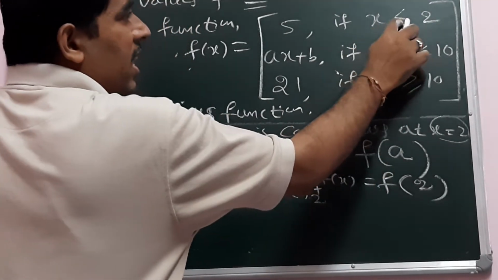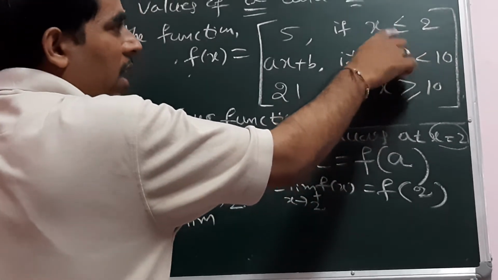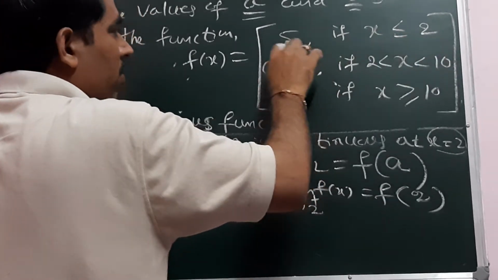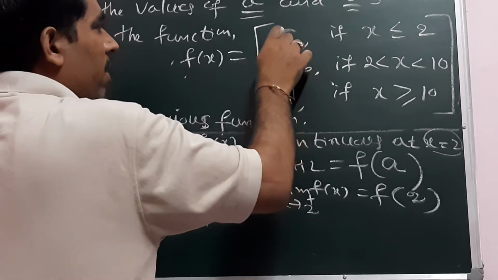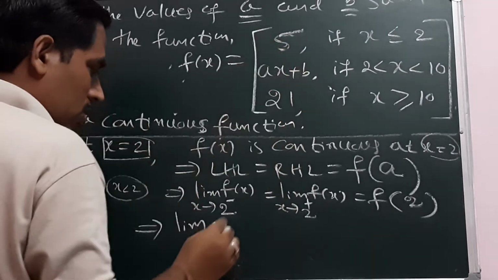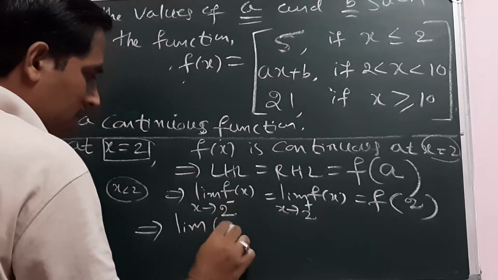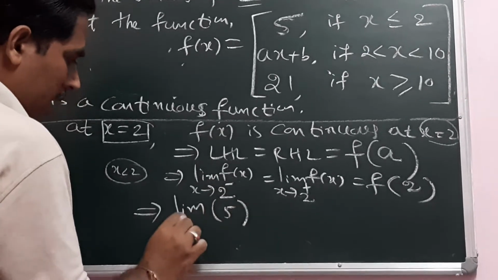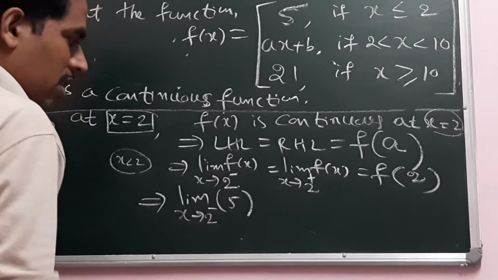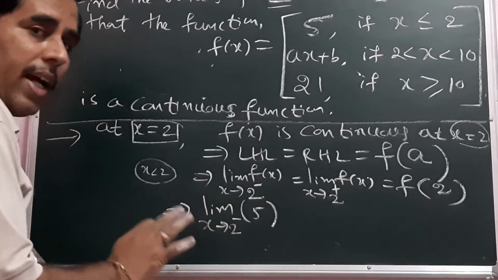Observe here, x is less than 2, equal is also there. For x less than 2 the function is defined as the constant 5. So f of x means 5, and I will write it as limit of 5 as x tends to 2 minus. I think it is clear.